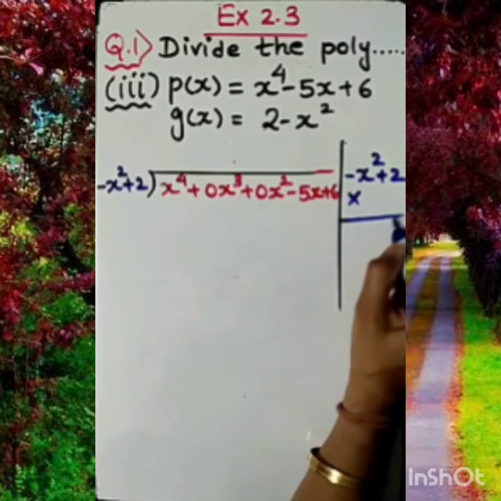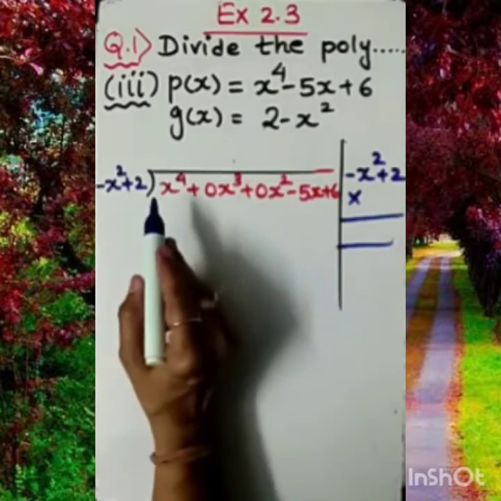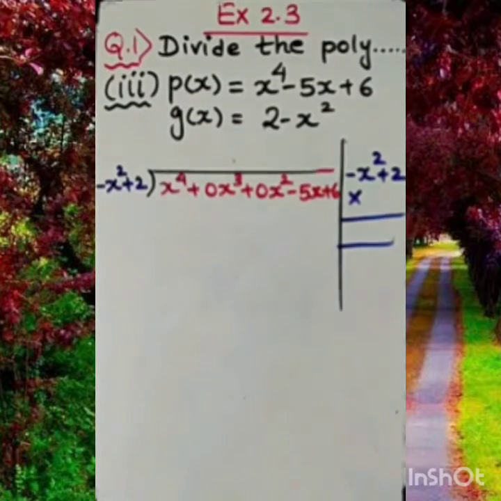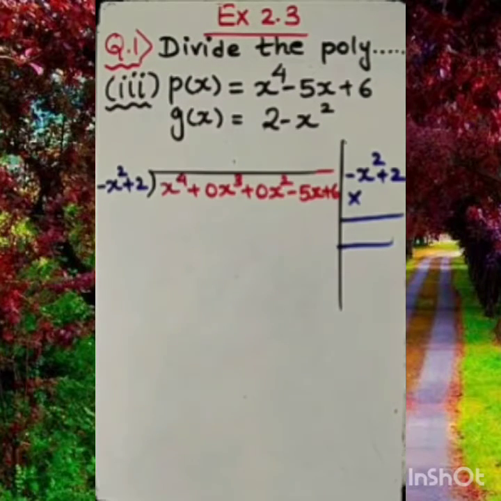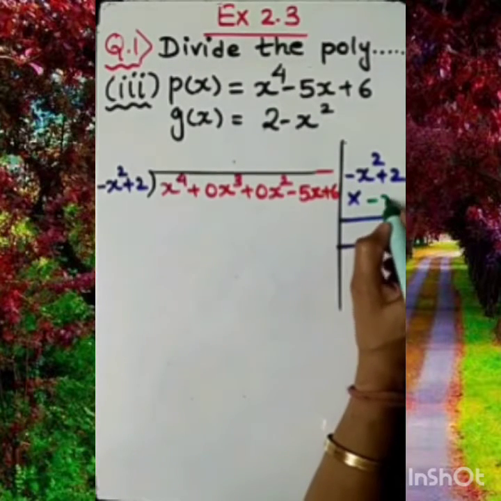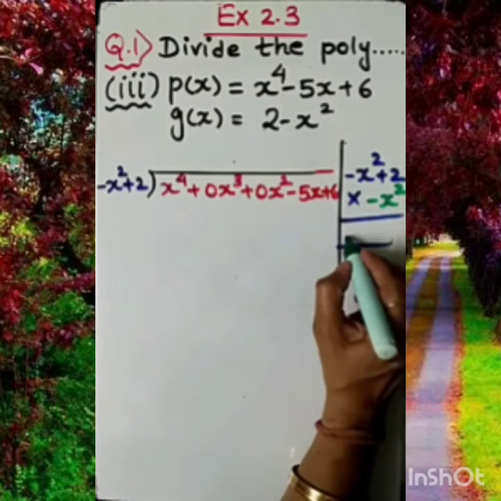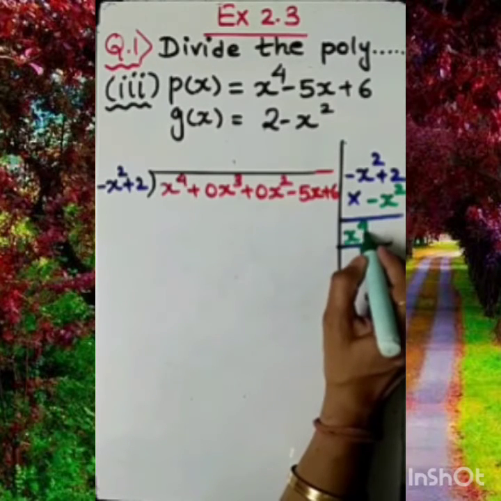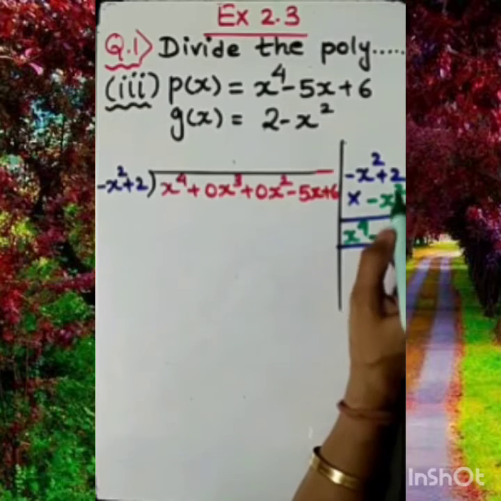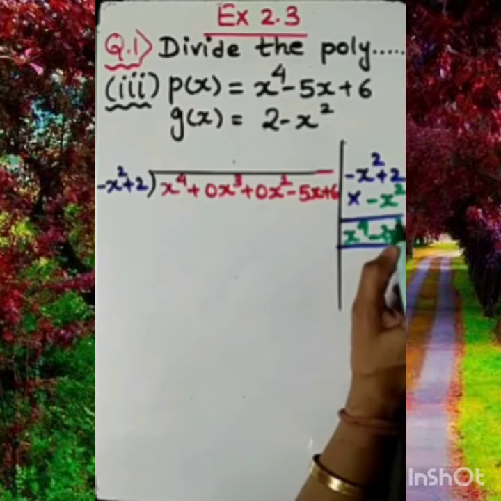Now think about which term I should multiply with so that I have x to the power 4, that should be positive. So you will say minus x square. Absolutely correct. Minus x square. So I need to write here x to the power 4 minus 2x square.